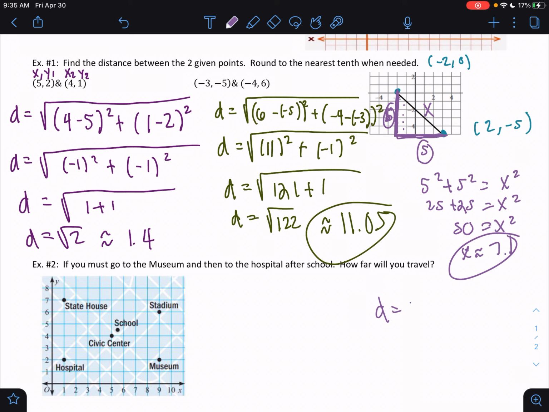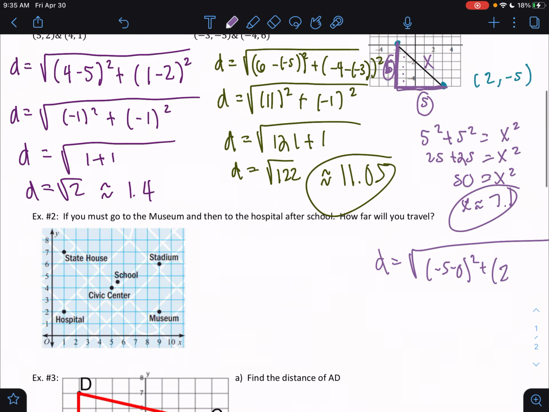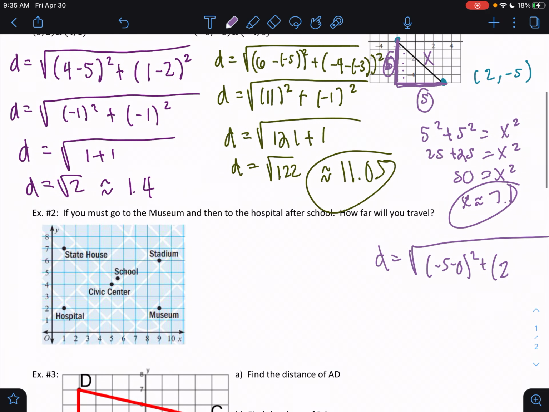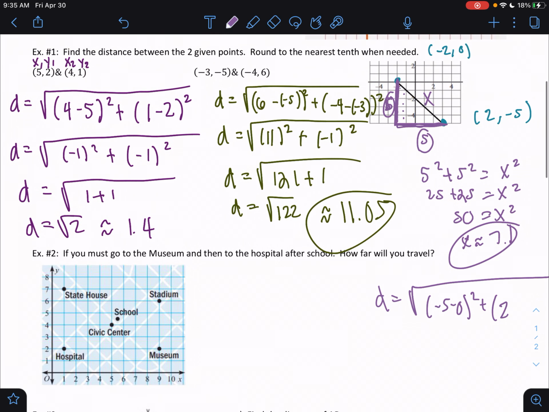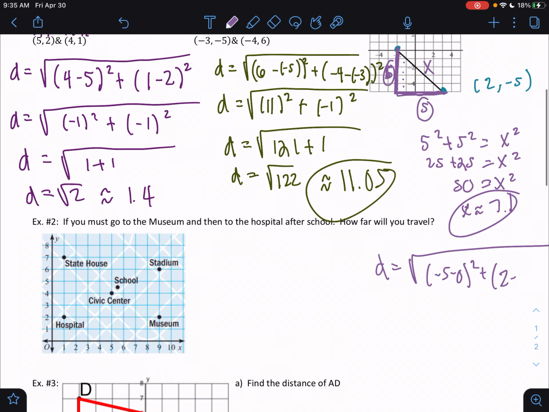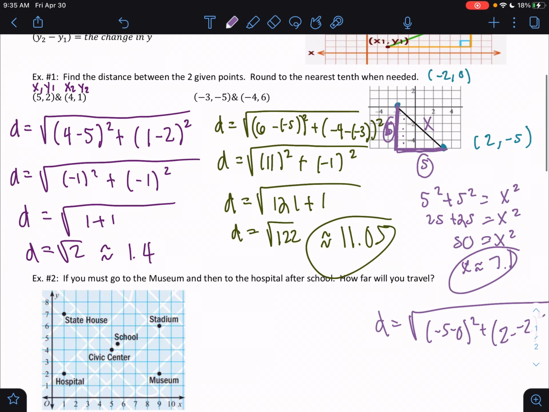We would just have that the distance is the square root, and we could do -5 minus 0 squared plus 2 minus -2 squared, oh, that's actually 3, sorry.